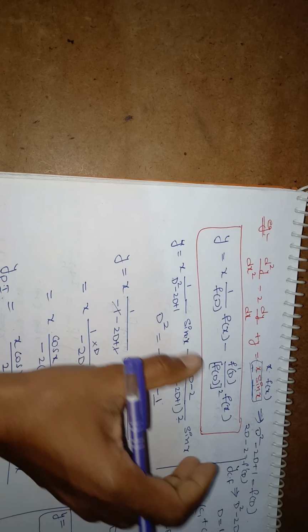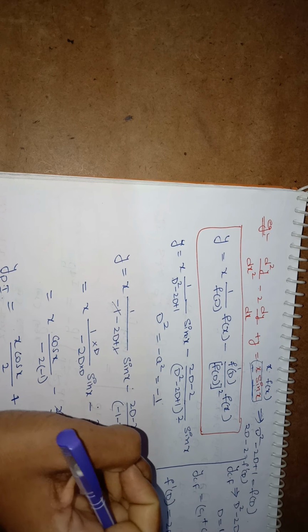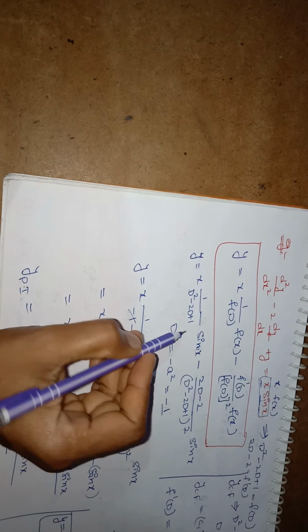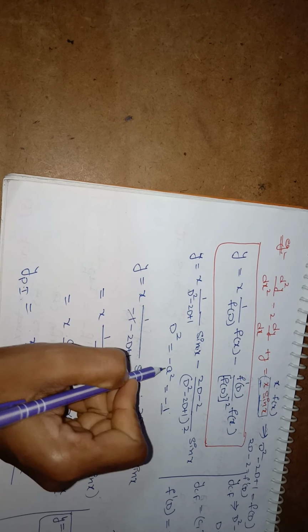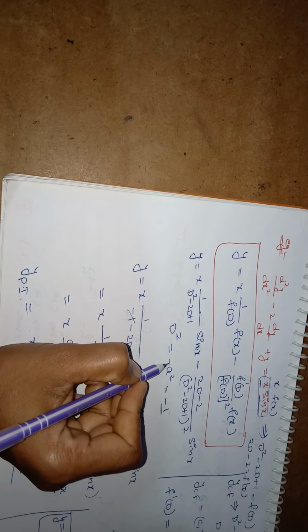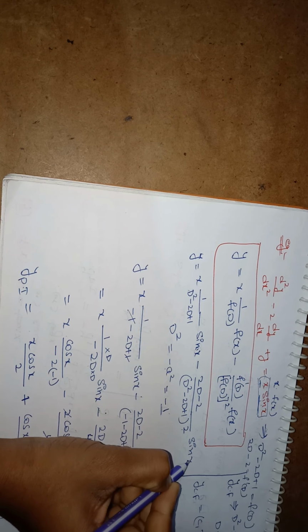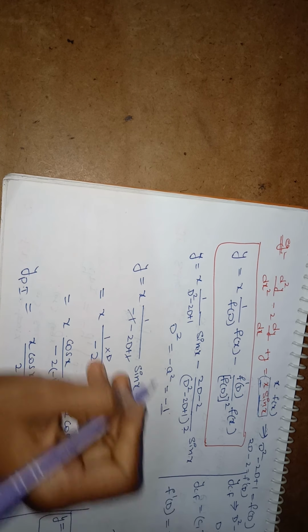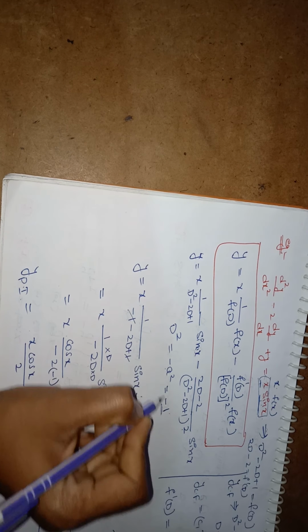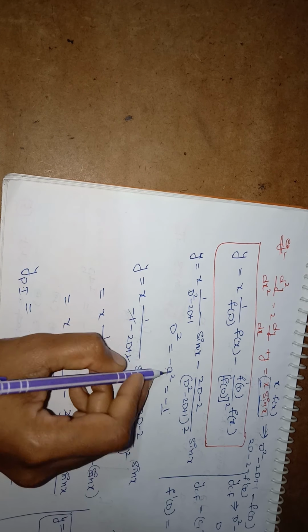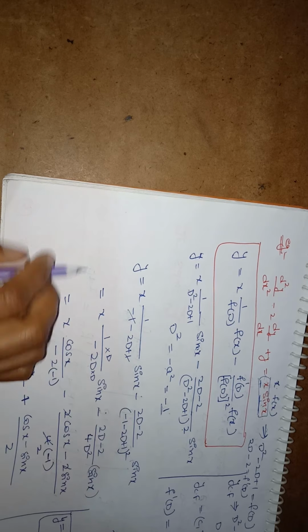From here we just proceed as in the previous methods. You just substitute D square with minus a square. What is a square here? Here we have sin ax, where a is 1. So substitute a with 1. So minus a square is minus 1.